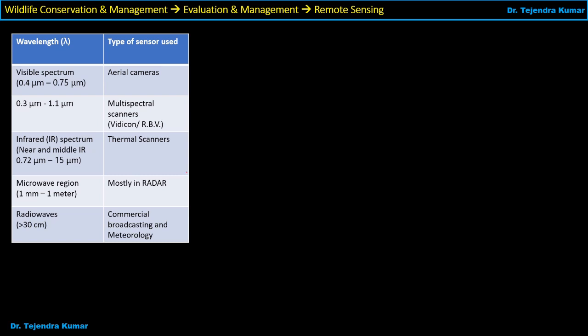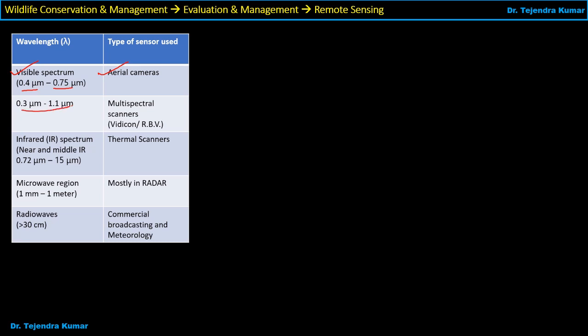Next, wavelength and type of sensor used. If you see the visible spectrum, you know its range is 0.4 micrometer to 0.75 micrometer. In this case, aerial cameras can be used as sensors.